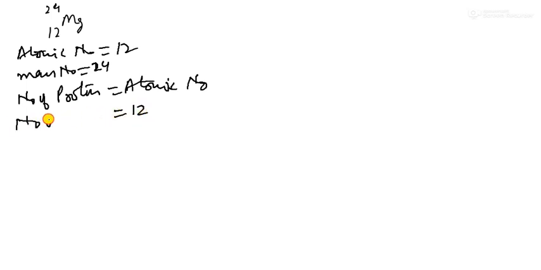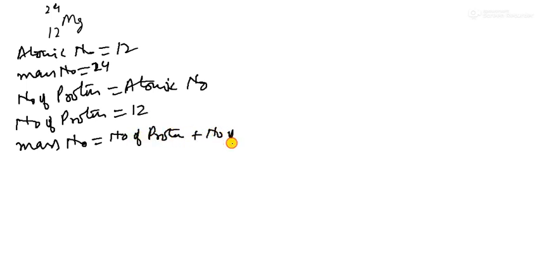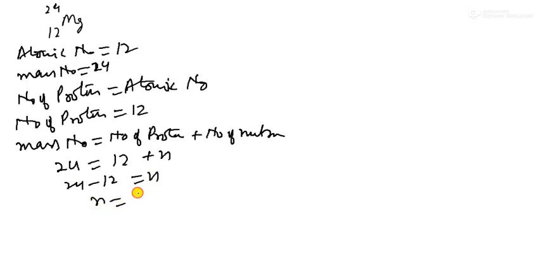So you can say number of protons, that is 12. Now mass number is equal to number of protons plus number of neutrons. Mass number is given as 24, it is 12, and it is n. So 24 minus 12, that is n. So n is equal to 12.